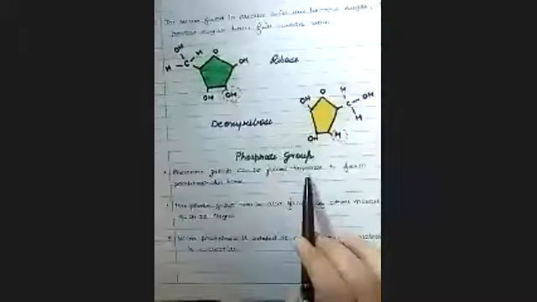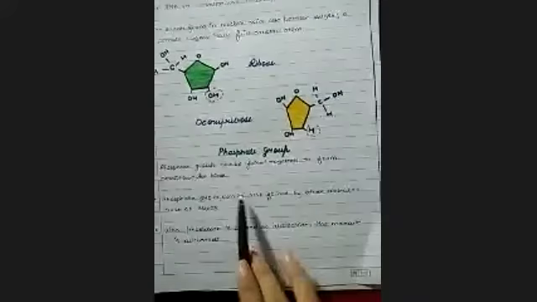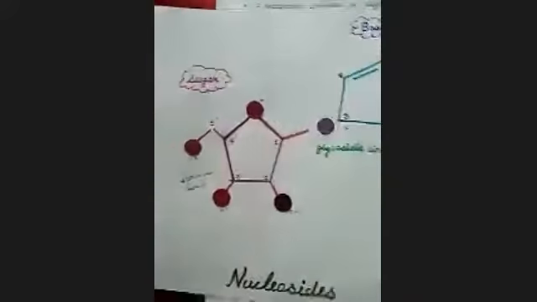Now phosphate group. Phosphate groups can be joined together to form a phosphodiester bond. Phosphate group can also be joined by other molecules such as sugar, and when a phosphate group is added to a nucleoside, the molecule is a nucleotide. This we have already known. Now here we have the structure of a nucleoside. This is a nitrogenous base and this is a sugar.